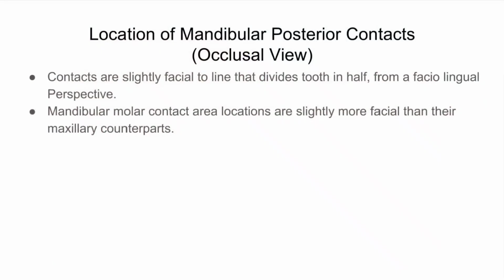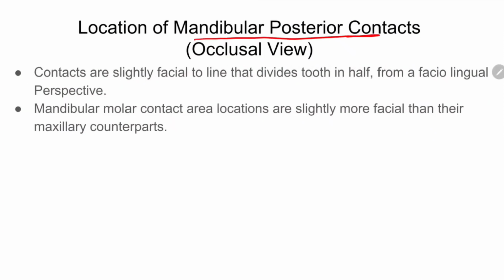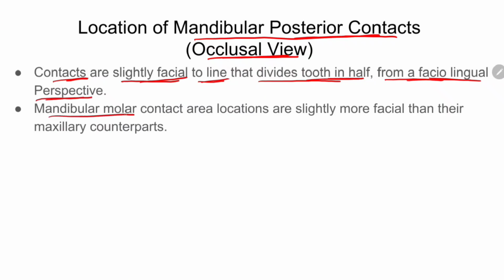Now moving to the location of mandibular posterior teeth contact areas from the occlusal view. These contact areas are slightly facial to the line that divides the tooth in half from a faciolingual perspective, and the mandibular molar contact area is located slightly more facial than their maxillary counterparts.